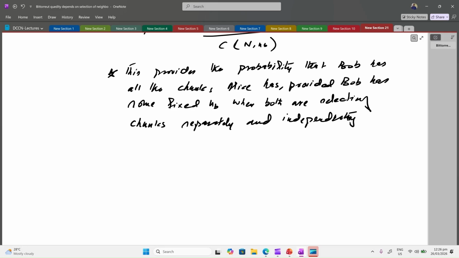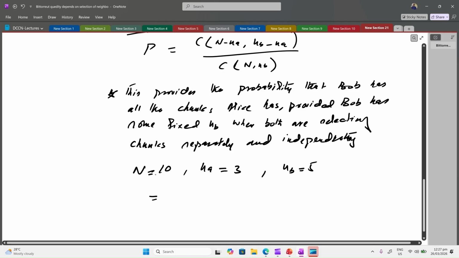And let me give you an example now. So let's assume n is equal to 10, okay? And out of these total chunks, Alice has three chunks, and Bob has some fixed chunks, say, five. This number is fixed, okay? Now, how can I calculate this? Again, I will put these values into this formula.